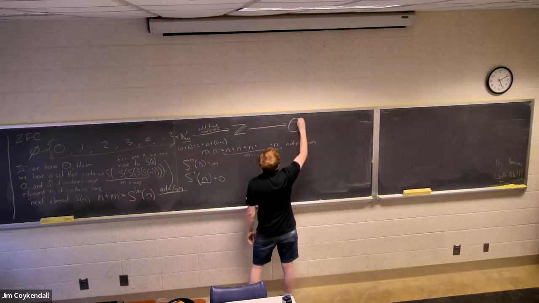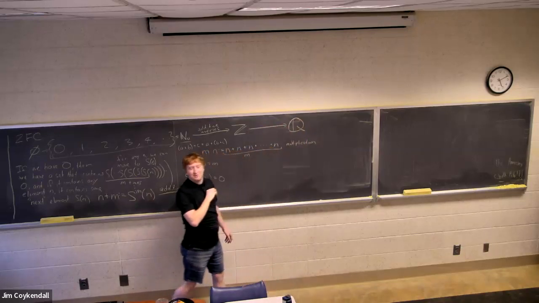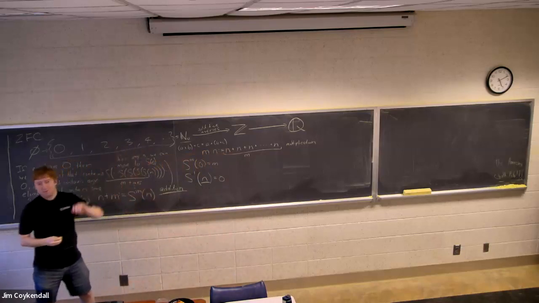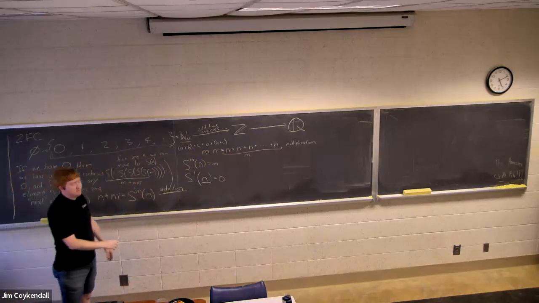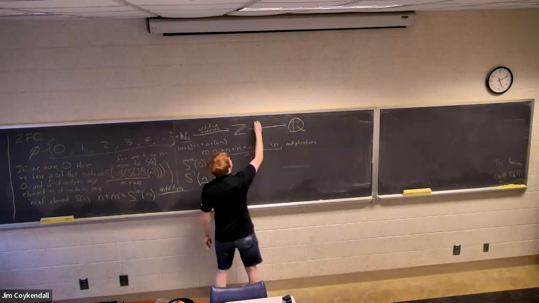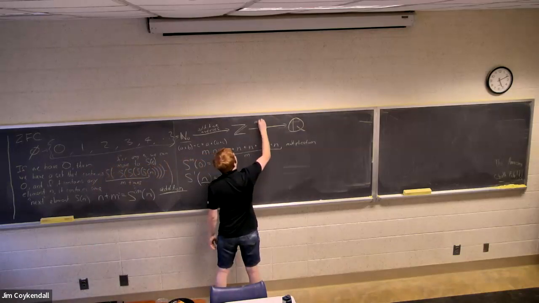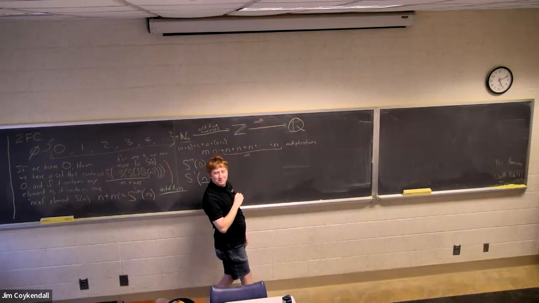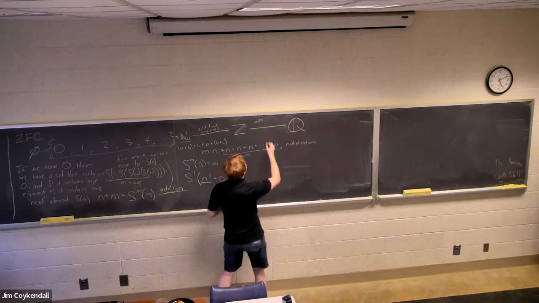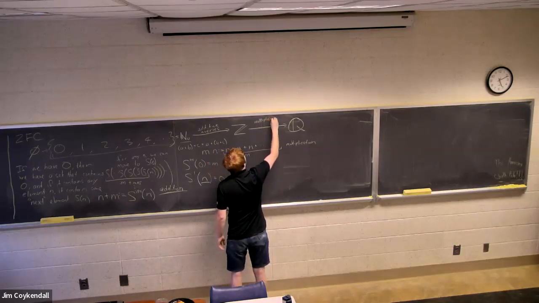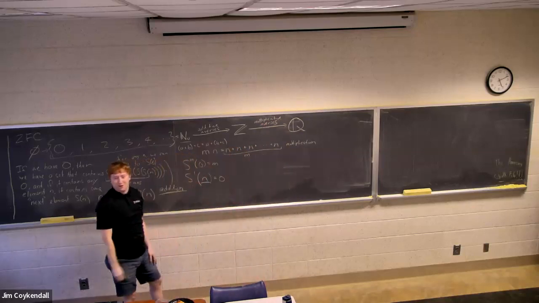Well, do that. And now suddenly we've got Q, the set of rational numbers, all these fractions of integers. And we've done this by adding in our multiplicative inverses.